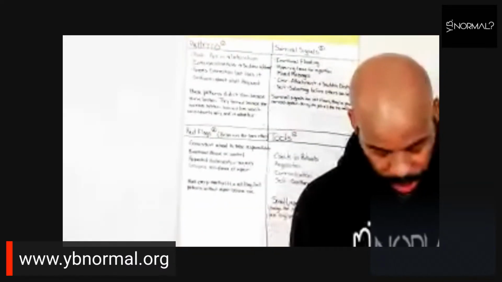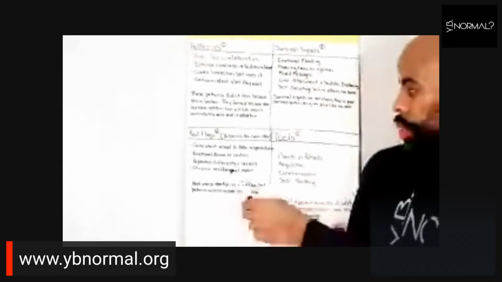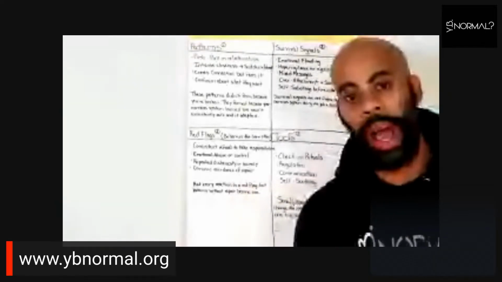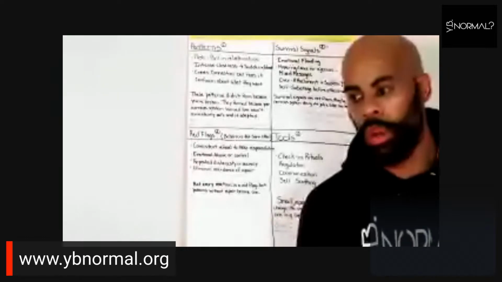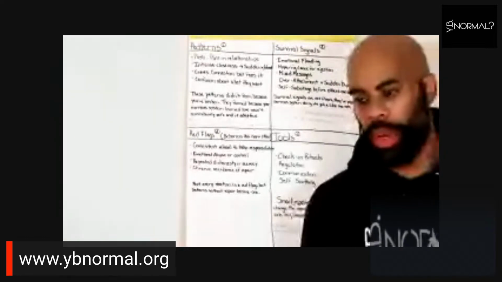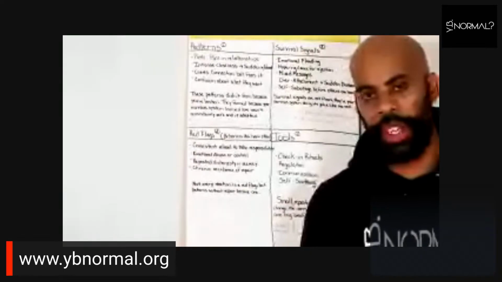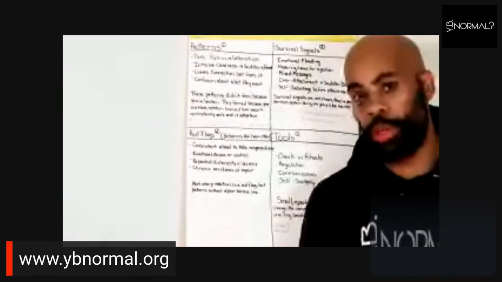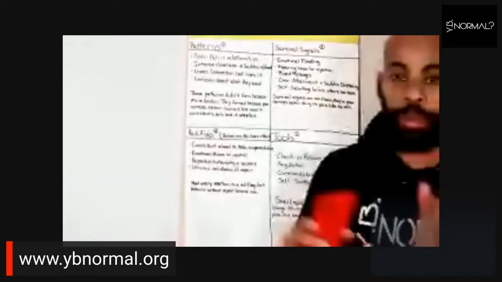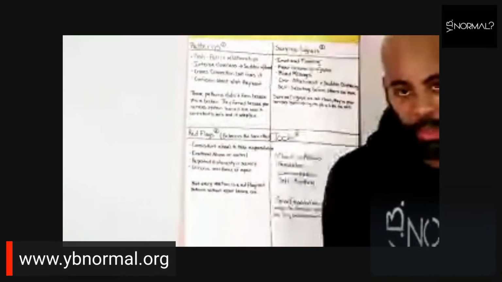Repeated dishonesty or secrecy, right? So repeated dishonesty or secrecy. Remember, I told you I was an FA. So I would be very private. There were secrets about things that I wouldn't share with people or tell people and different things like that. There's a difference between being private and being secretive.